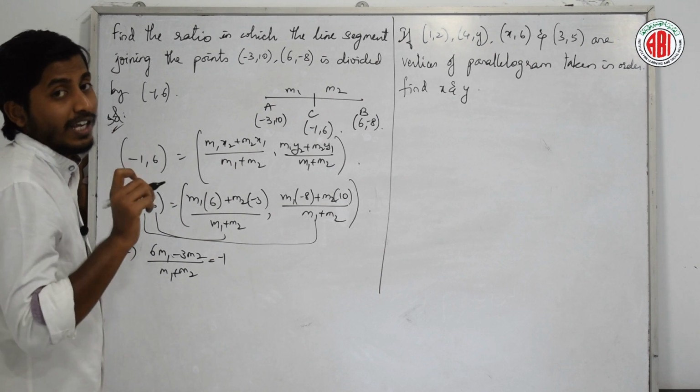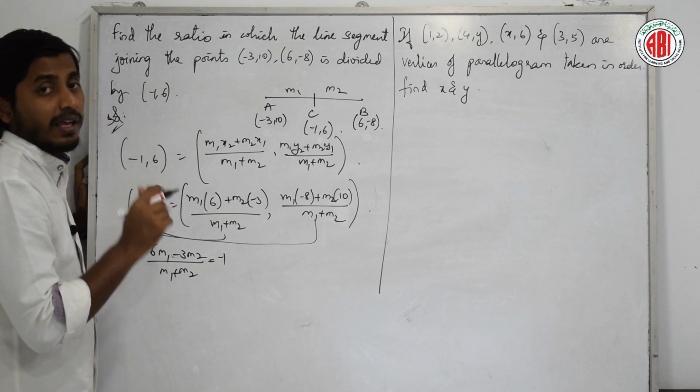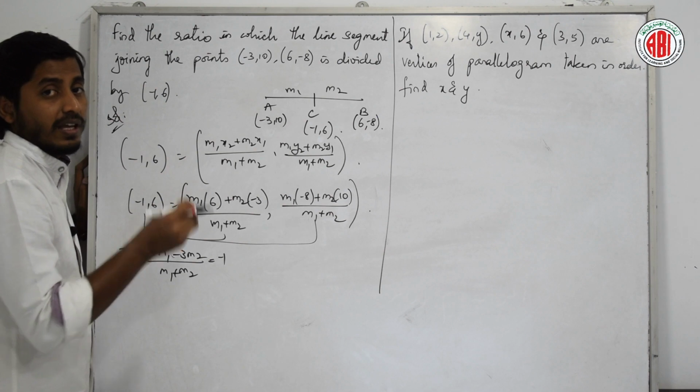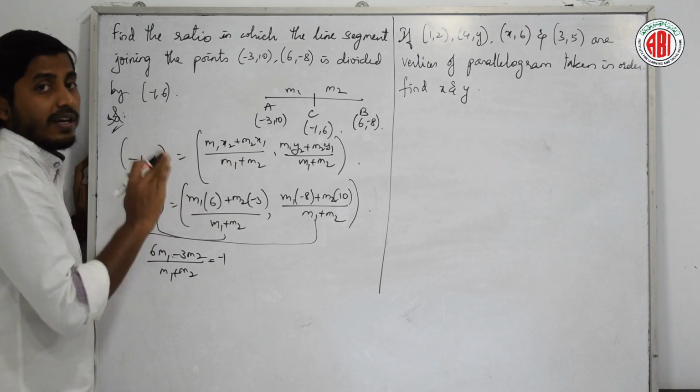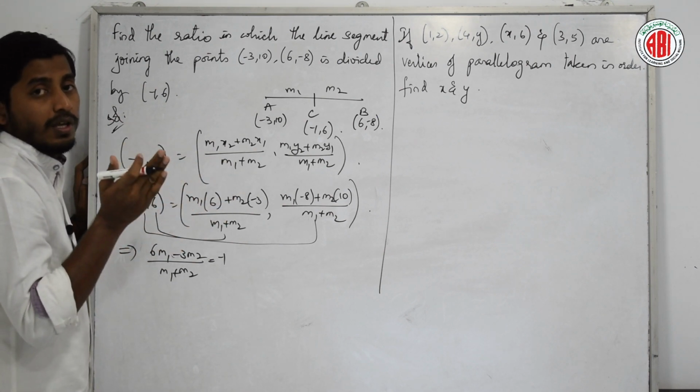Remember, they asked you the ratio, so let us cross multiply and simplify in such a way that we get all m1 terms to one side and m2 terms to another side.